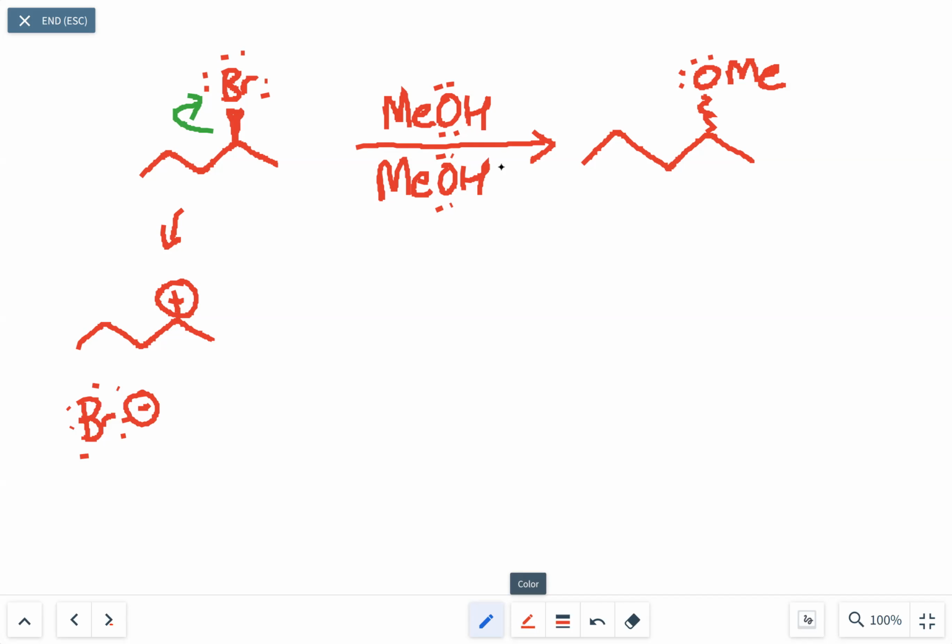Okay, next step. What's the next thing we're going to do? Right, the oxygen on the methanol is going to attack the carbocation, good. And it can attack from either direction, so we're going to form a racemate here, okay.